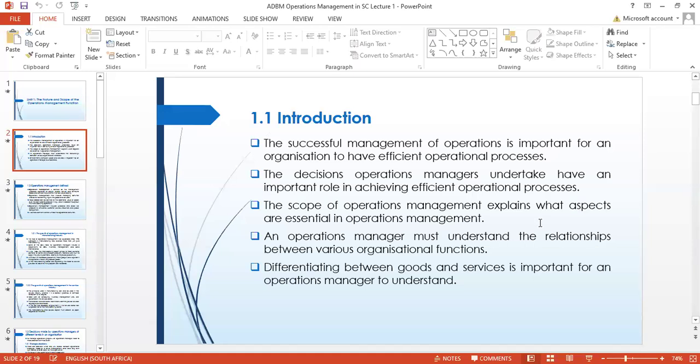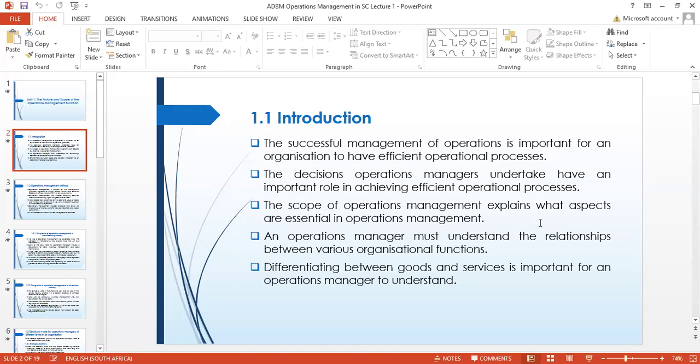These managers in the operations department are very important, because these are the ones who will ensure that the operational processes are improved, are efficient, and are effective. So they plan. They come up with the decisions for the operations management function. We have the scope of operations management, which explains what aspects are important in operations management. We'll look at the scope of operations management later on.